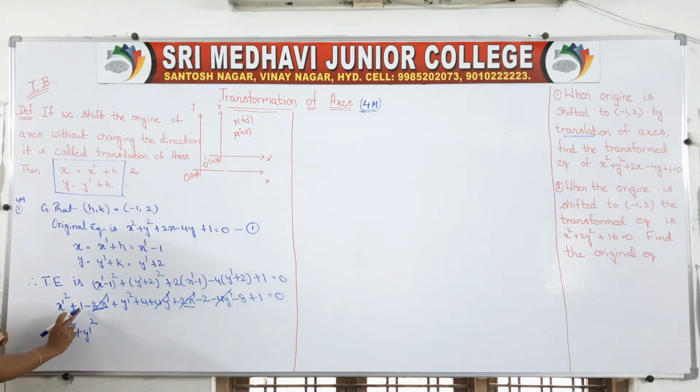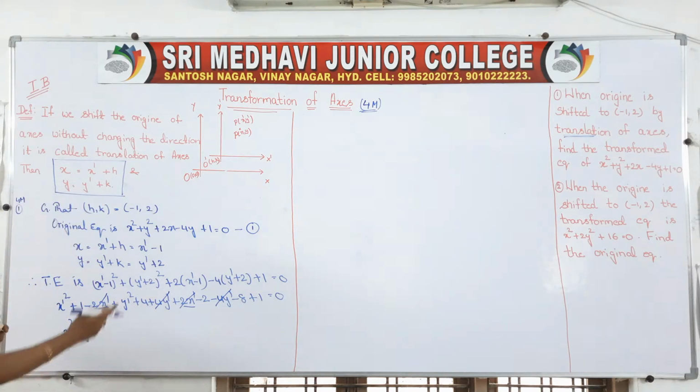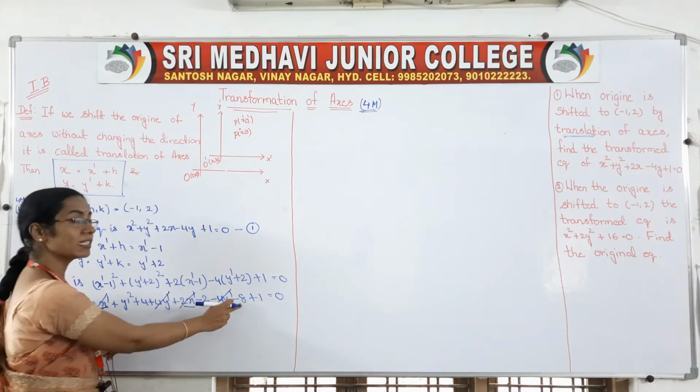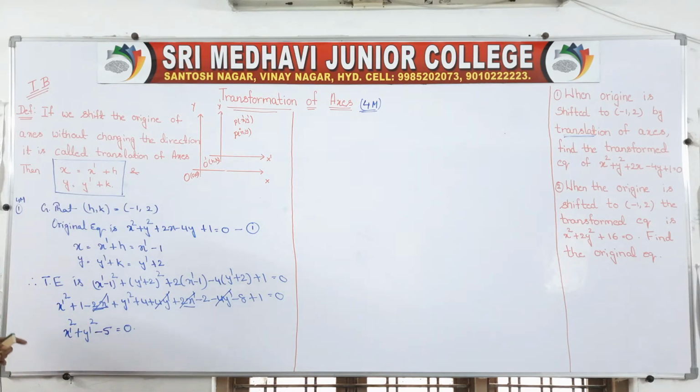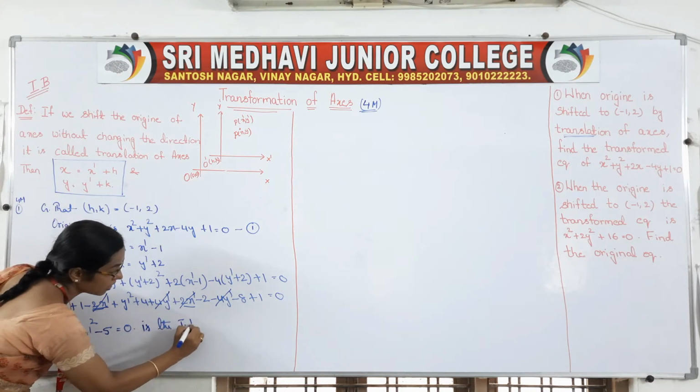Now the leftover values: 1 plus 4 is 5, 5 plus 1 is 6. Minus 2 minus 8 is minus 10. So minus 10 plus 6 is minus 4, and this is the transformed equation.